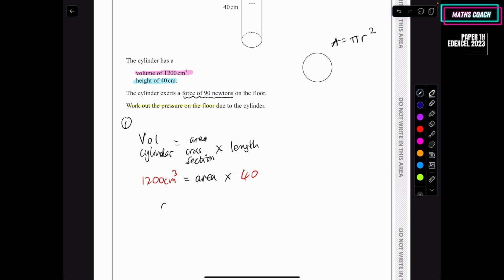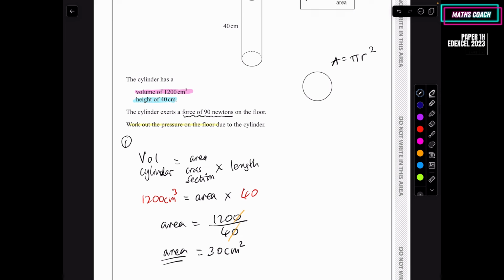Well, simple. We just do the division. So 1200 divided by 40. Again, non-calculator, cancel those. 120 divided by 4, that is 120 divided by 2, which is 60. Divide that by 2 again, that is 30. So the area is 30 centimeter squared. That's our area of our circle.